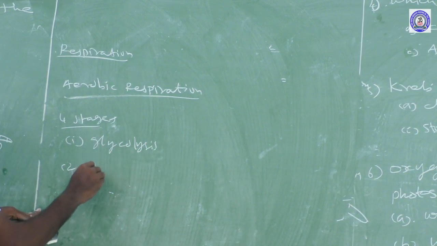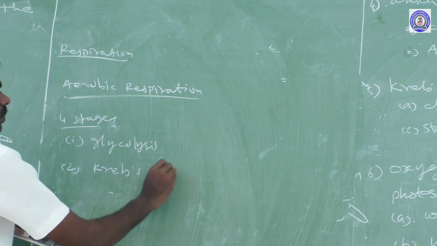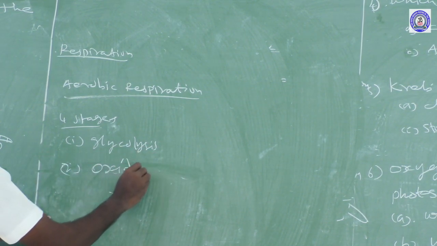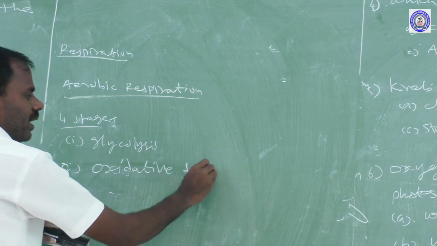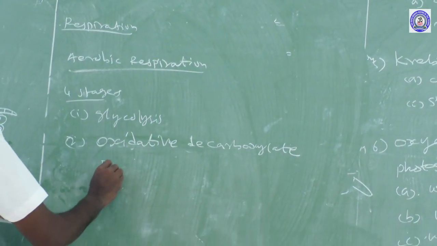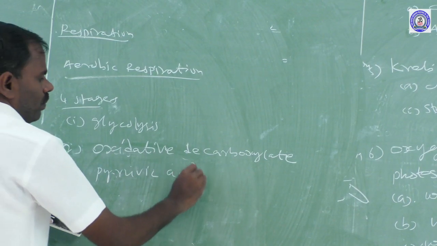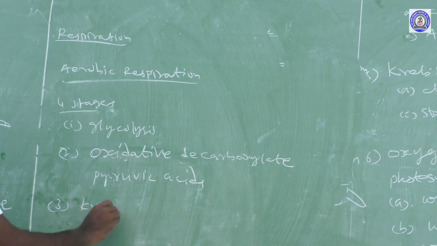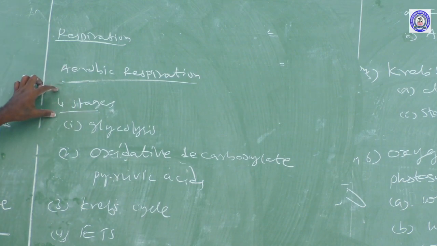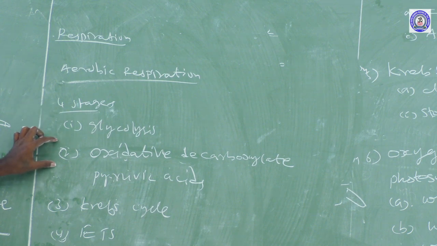The second stage is oxidative decarboxylation of pyruvic acid. The third stage is called the Krebs cycle. And the fourth stage is called the electron transport system.